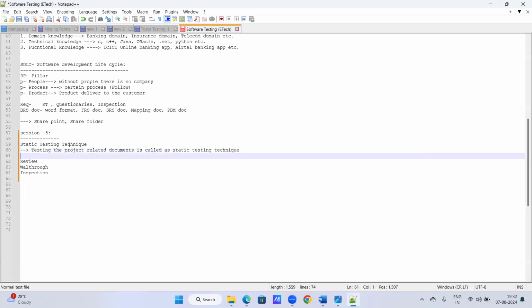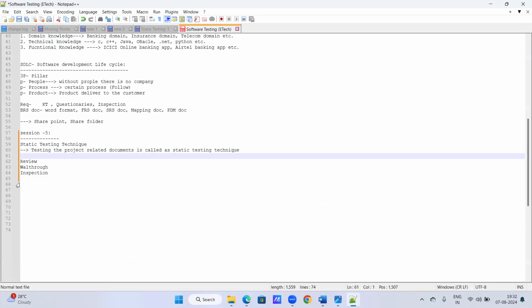So static testing technique means testing the project related documents. So in the form of review, walkthrough, inspection, that is called static testing technique.